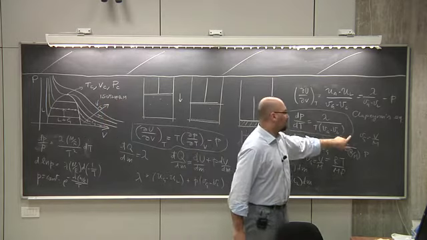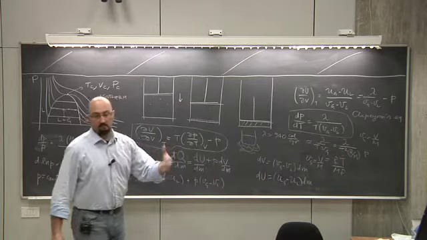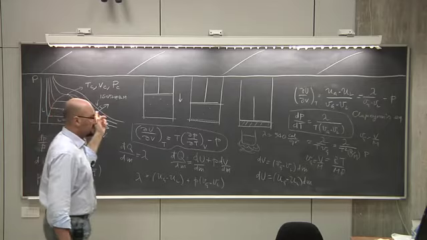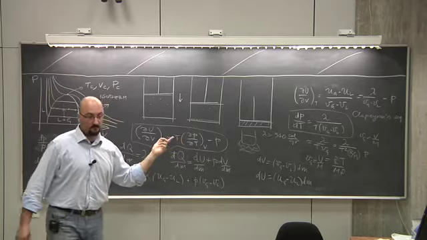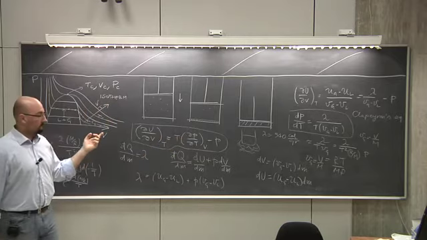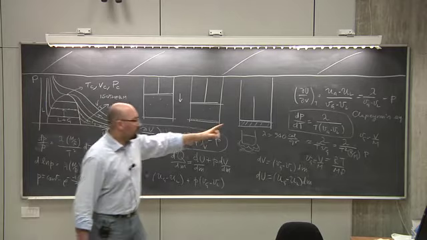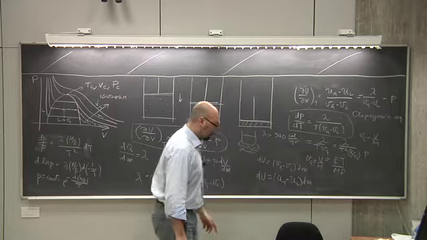Then we do a little approximation, in which we say that the density of the liquid is much, much larger. In fact, the density of water at these boiling points is more or less 1,000 times the density of steam. So it's a very good approximation. If we do this approximation, then we do the further approximation of taking an ideal gas.